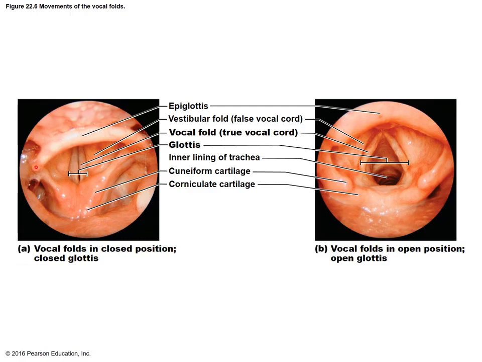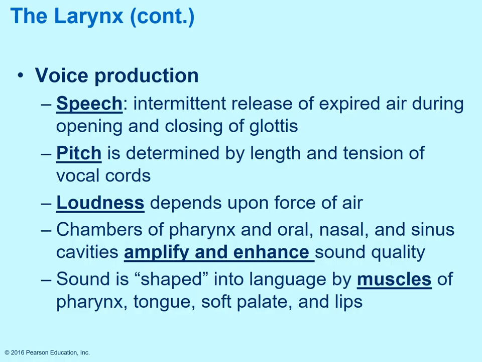This is the vocal cords closed, and here's with it open. As the air is moving from the lungs upward and out, it causes vibrations, and that's what causes sound. There are differences in loudness and pitch and speech.